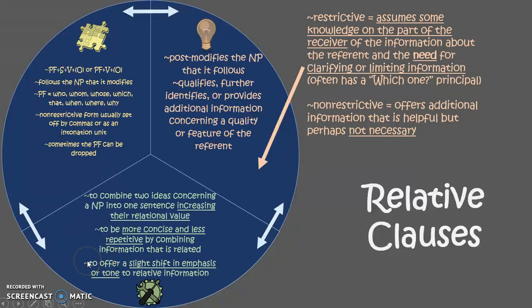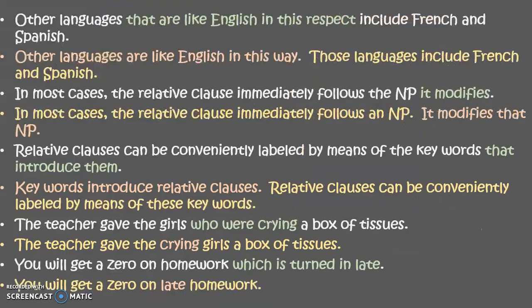Maybe I want to shift the focus just slightly. Well, instead of putting an adjective before a noun phrase or before a noun, or instead of separating these ideas into two separate sentences, I can use a relative clause to kind of shift that emphasis.